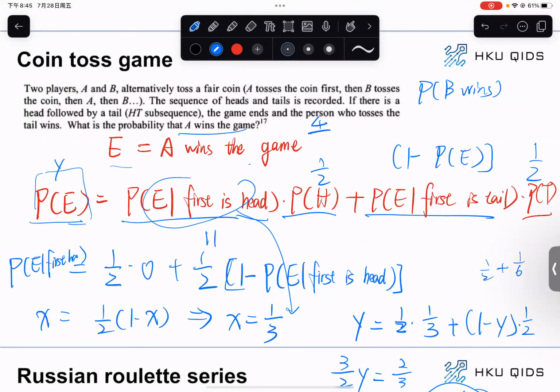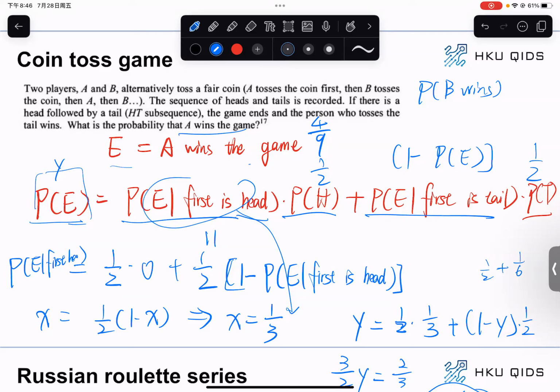You can see A actually has less chance to win. You could think about why: for the second player, at the very beginning, he has already got some chance to win at the first toss, but that's not the case for A, right? Because there must be at least 2 tosses to have a winner.